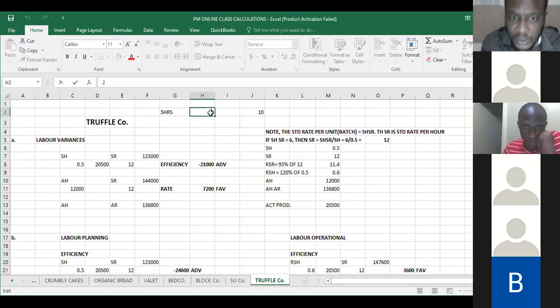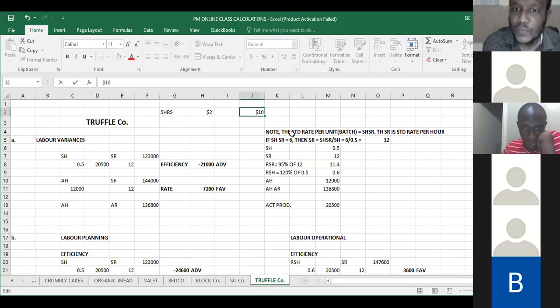So this is dollar, and this is hours. So this is the standard hour, this is the standard rate. This is the standard hour standard rate, but the standard hour standard rate is per unit. The standard rate is per hour.